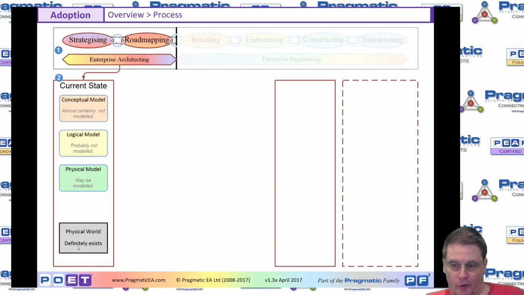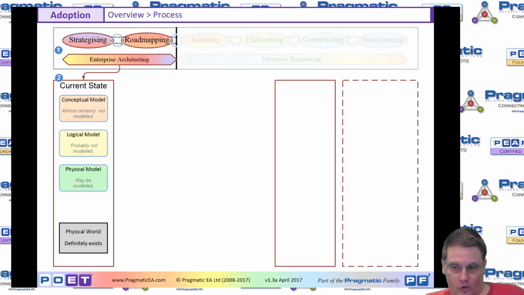So right down at the bottom we have the physical world, which definitely exists. There are people doing strategy, there are people doing road mapping, so this is the physical world that actually exists. I've missed out the configuration model type level here because it's not really pertinent.